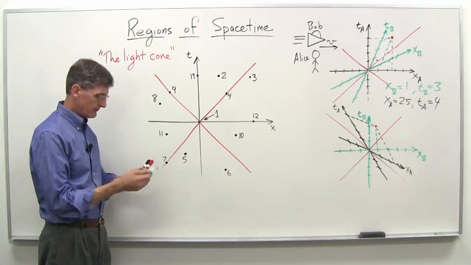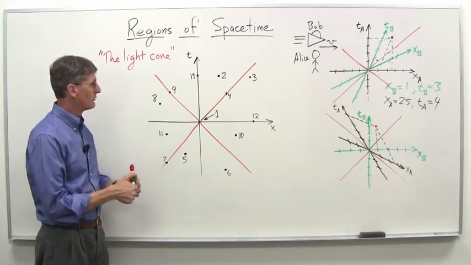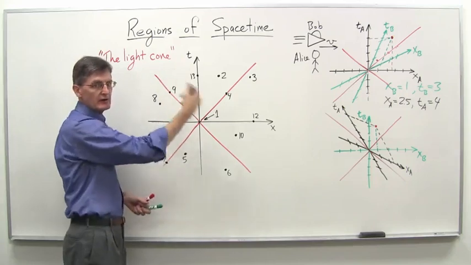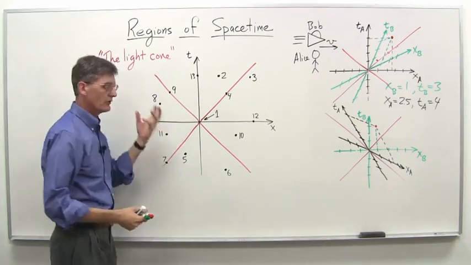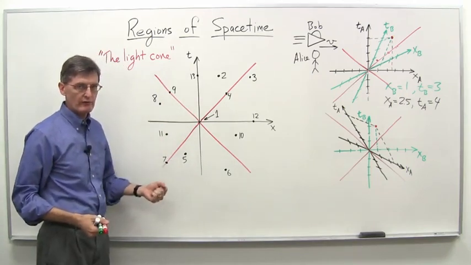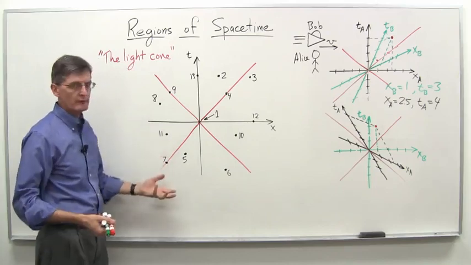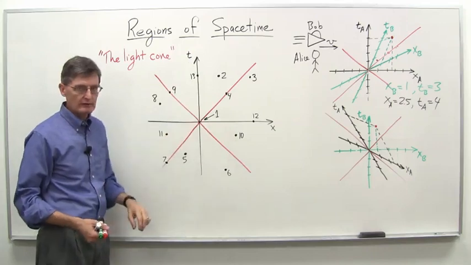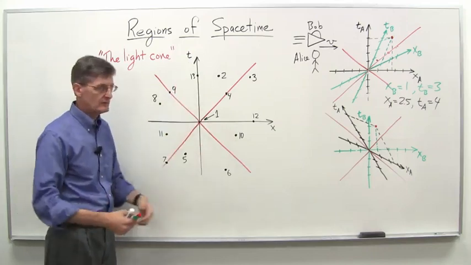Sometimes you'll see this diagram in certain books, as we mentioned before, with ct here, c times t, and that also essentially puts things in units of 1. But we'll assume t is in years, and then x has to be in light years, or light seconds, etc.